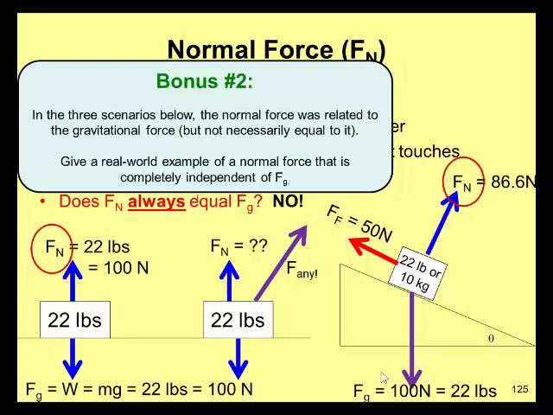And there are many examples out there, so many people can get a bonus point for this. Give an example where gravity has absolutely nothing to do with a normal force acting on an object. So think about that. See if you can come up with some examples and post them. And they've got to be unique examples. So if somebody gives an example, you can't give something that's a slight variation of it.